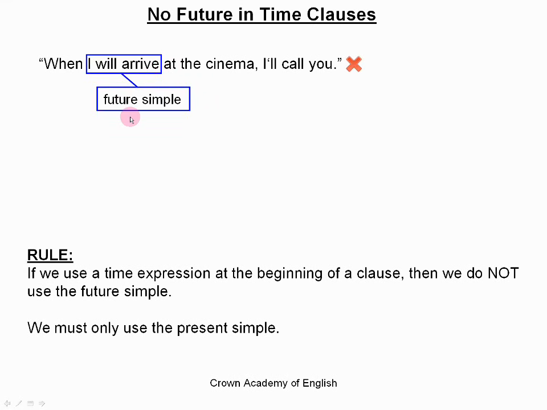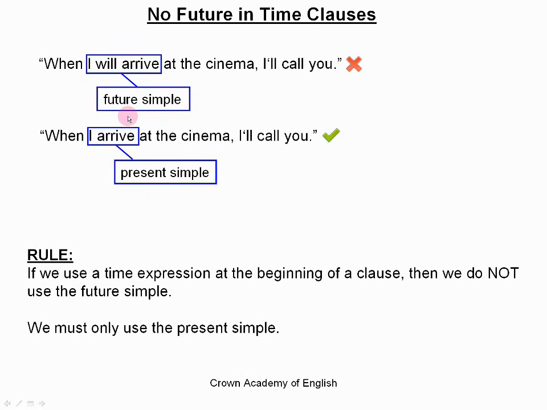Okay? This is what we should say. When I arrive at the cinema, I'll call you. That is the correct way of saying it, because now we have used the present simple. I arrive. So when I arrive at the cinema, I'll call you.